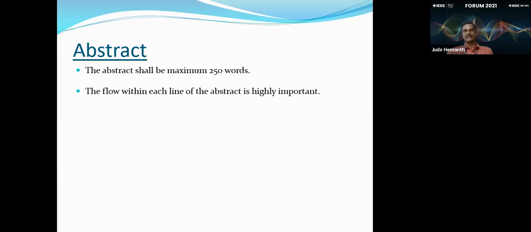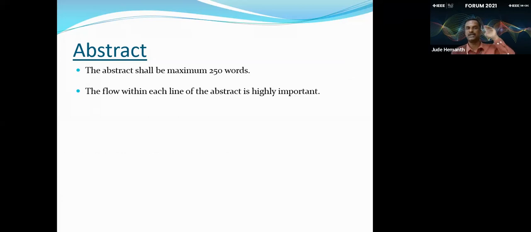Why we talk about lines is that the flow within each line of the abstract is highly important. For example, assume there is a boy called Rama. Rama is sitting in the house. He is going out of the house with an umbrella. Is this correct? Yes, of course. But the question you will immediately have in your mind is, why should he go out with an umbrella?